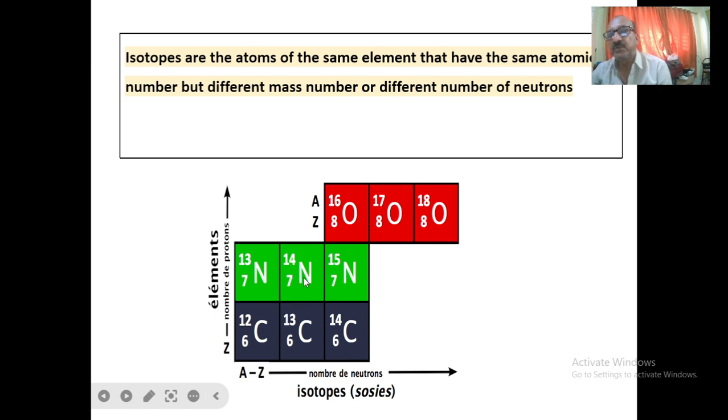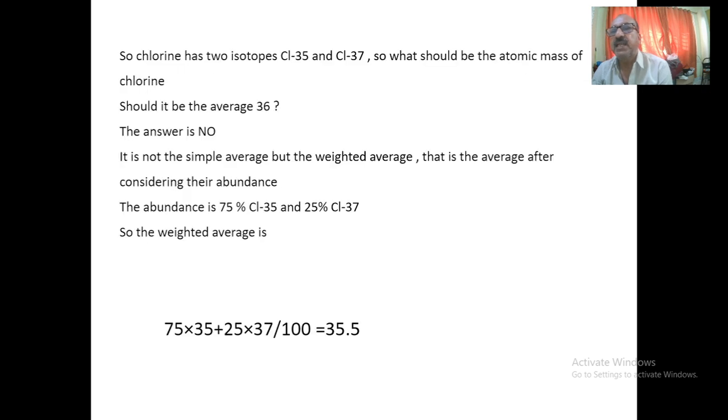Similarly, nitrogen has 3 isotopes, and oxygen also has isotopes. Due to the presence of these isotopes, the masses are not exact whole numbers. For example, how did we find that the atomic mass of chlorine is 35.5?